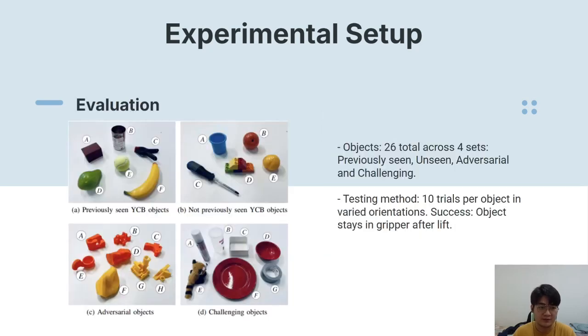The evaluation tested 26 objects across 4 different sets: previously seen objects, unseen objects, adversarial objects, and challenging objects. Each object went through 10 trials in various orientations. For challenging objects like plates, bowls, and plush toys, precise 6 degrees of freedom grasping was essential, as traditional grasping strategies didn't work. A trial was marked successful if the object remained in the gripper after being lifted.